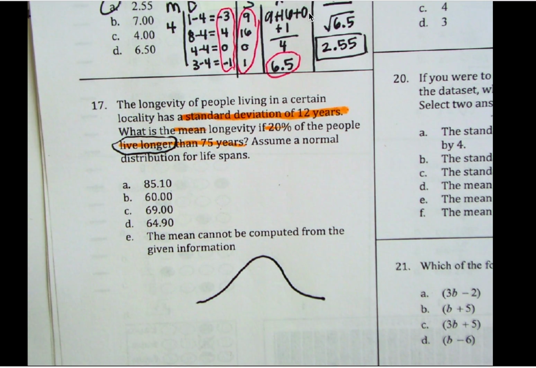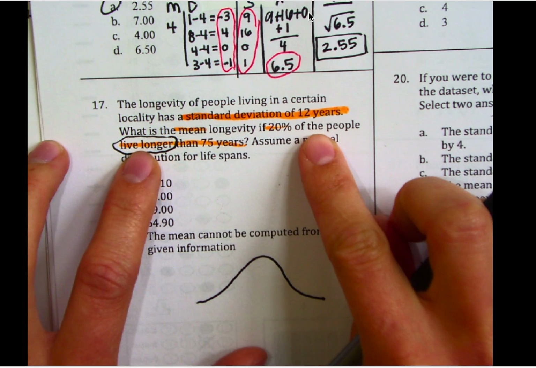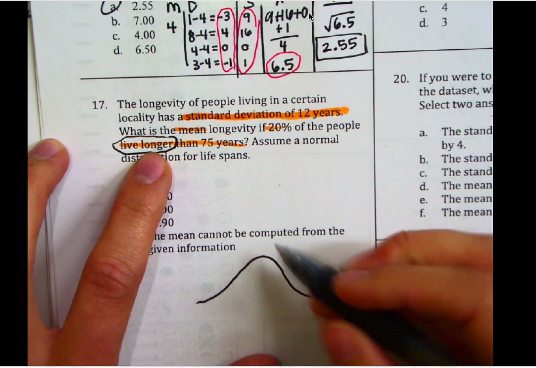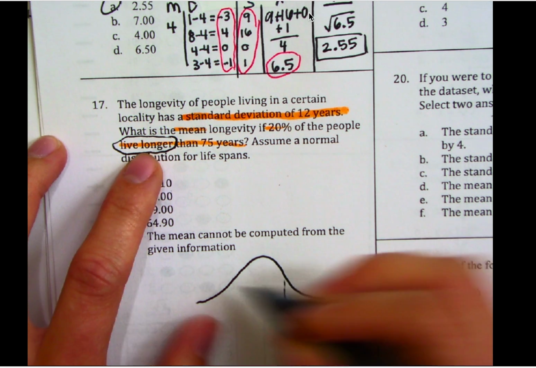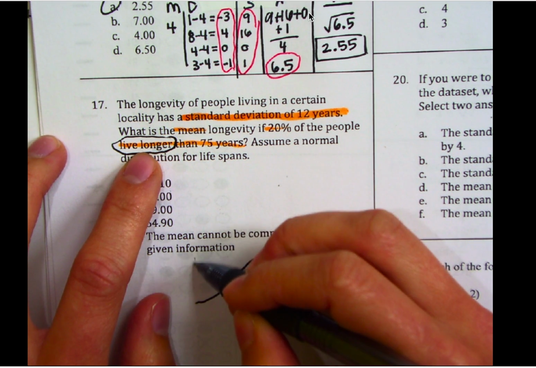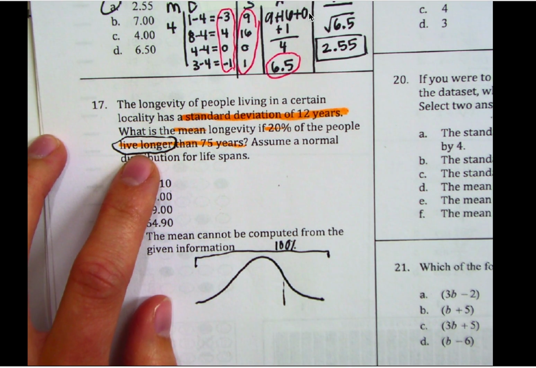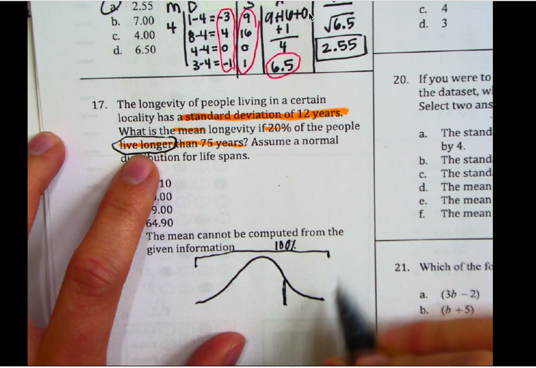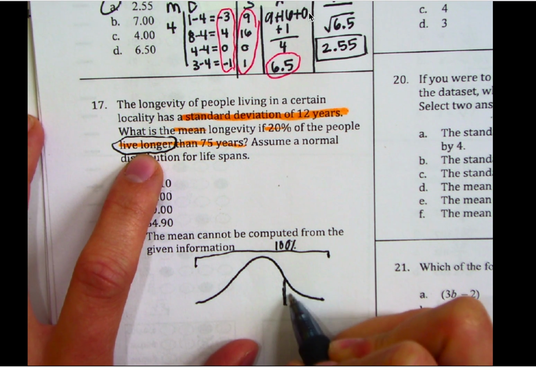So we are given that we want to find the mean if 20% of the people live longer than 75 years. So we need to break that apart, okay? So I would say if this whole thing accounts for 100%, 20% would be over here, because they want to know who lives longer.